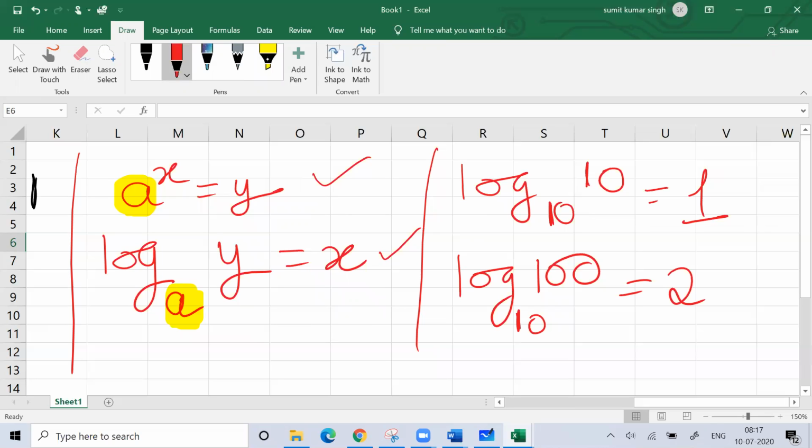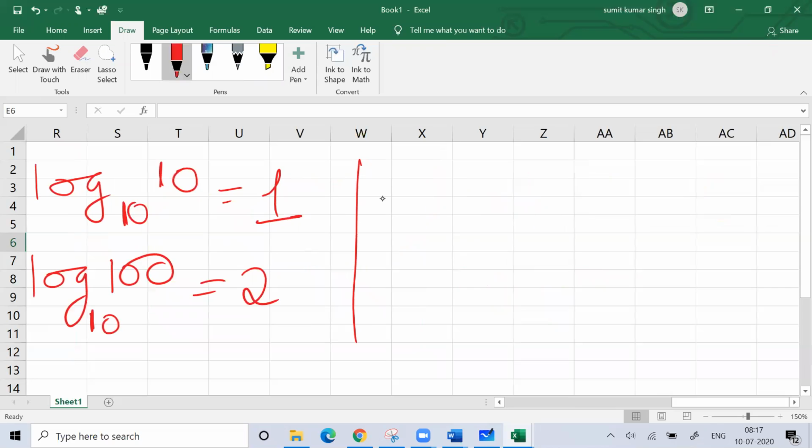The value is 2 only. If I ask you log base 2 of 8, what answer will you get? You'll get 3. So what power of 2 will give me 8? That's the way we express log.